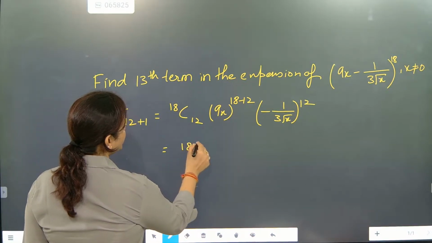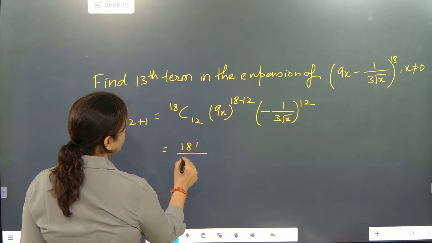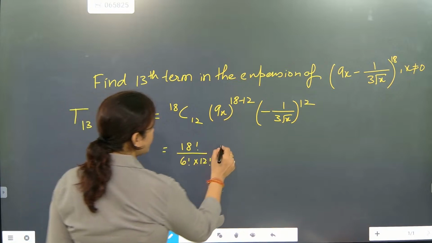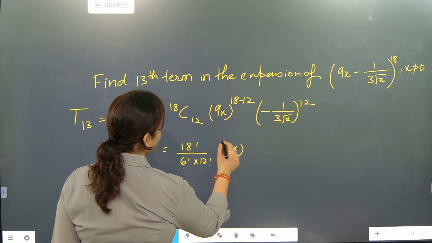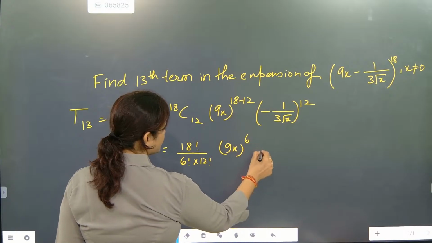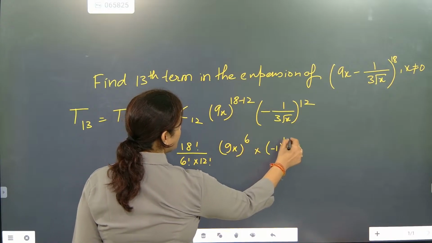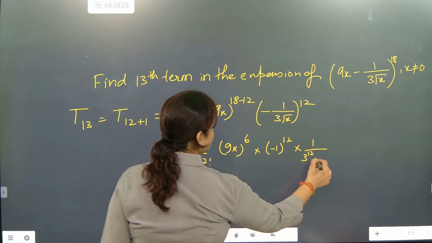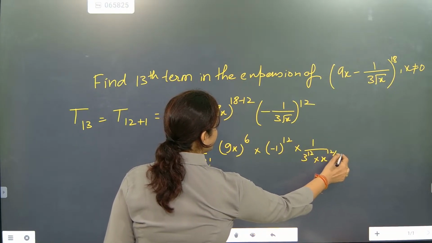So it will become 18 factorial by (18 minus 12) is 6 factorial into 12 factorial. Now what will come here: (9x) to the power 6 and (minus 1) to the power 12 into 1 by 3 to the power 12 into x to the power 12 by 2.